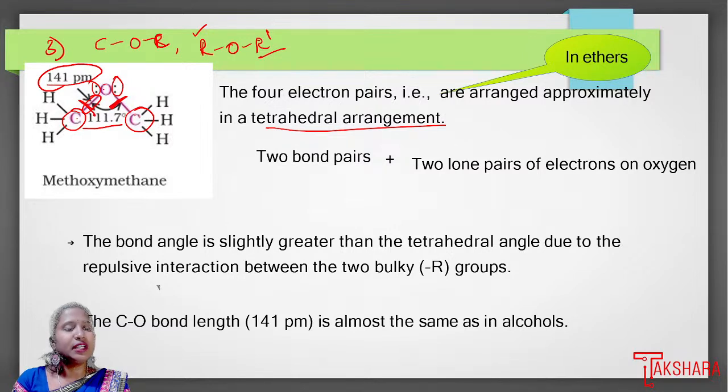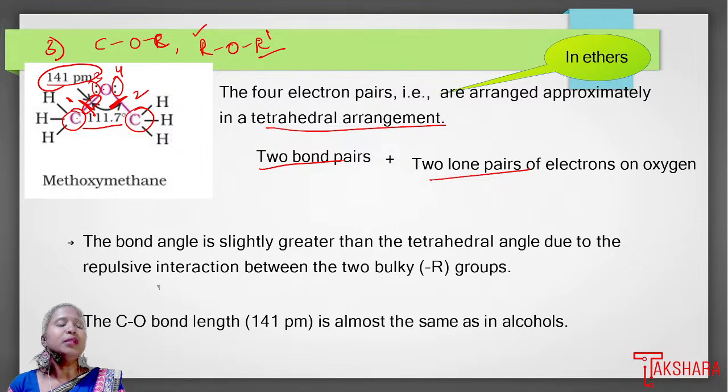So here we can see 2 bond pairs, and the other two are lone pairs. In this structure we can see 2 bond pairs and 2 lone pairs of electrons on the oxygen atom. The name of this example is methoxy methane.